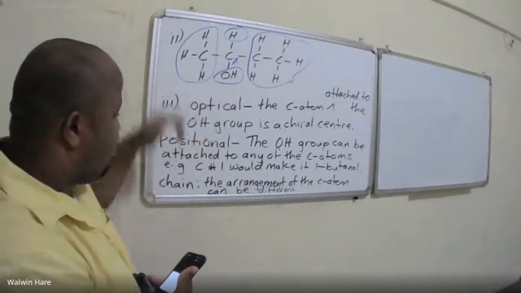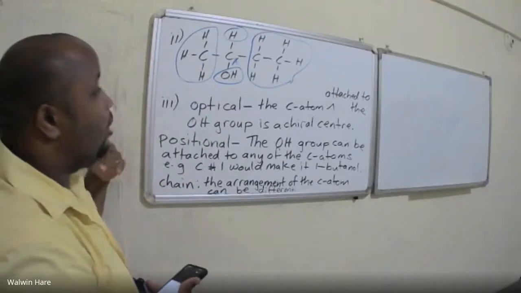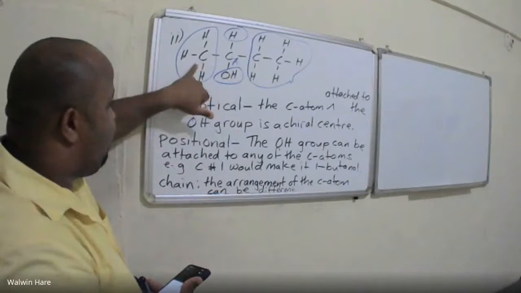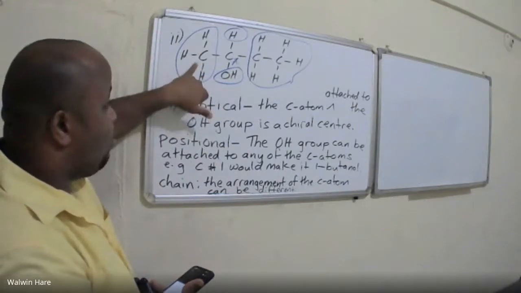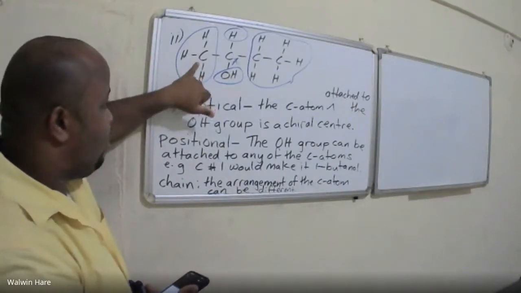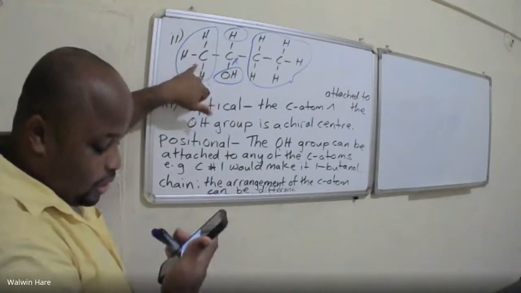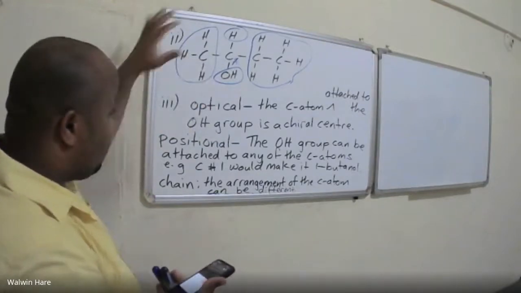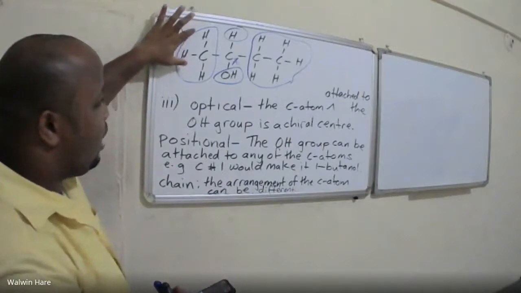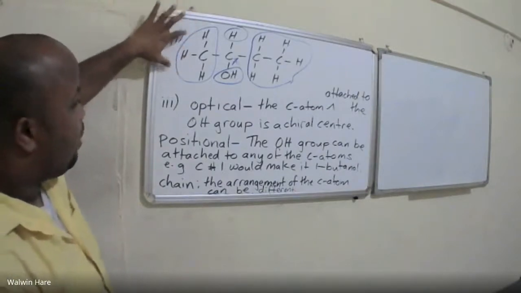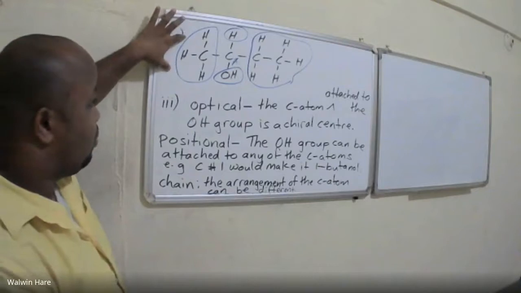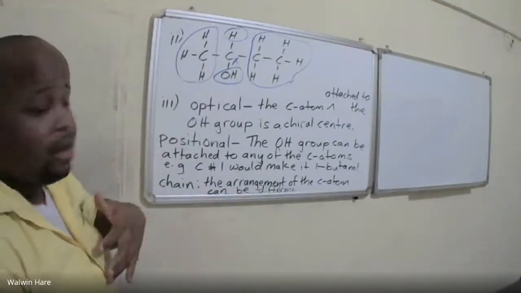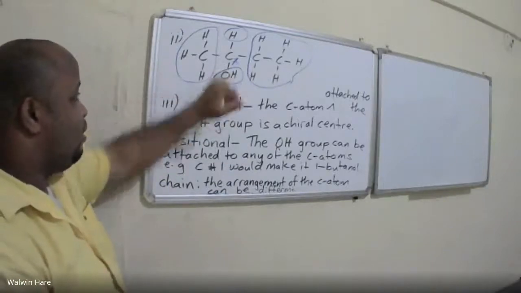If you get 1-butanol, it wouldn't be an optical isomer. So the question is asking about 2-butanol as is, what kind of isomerism it would show. As is, it would show optical because it has a chiral center.